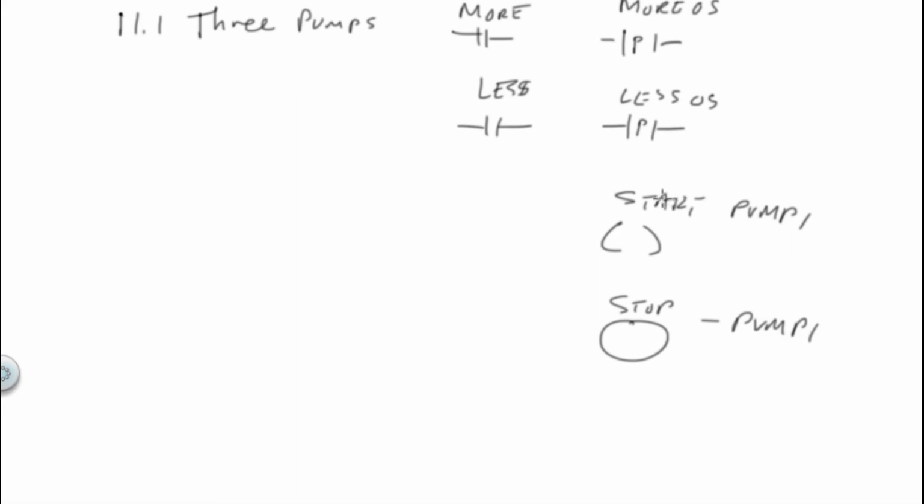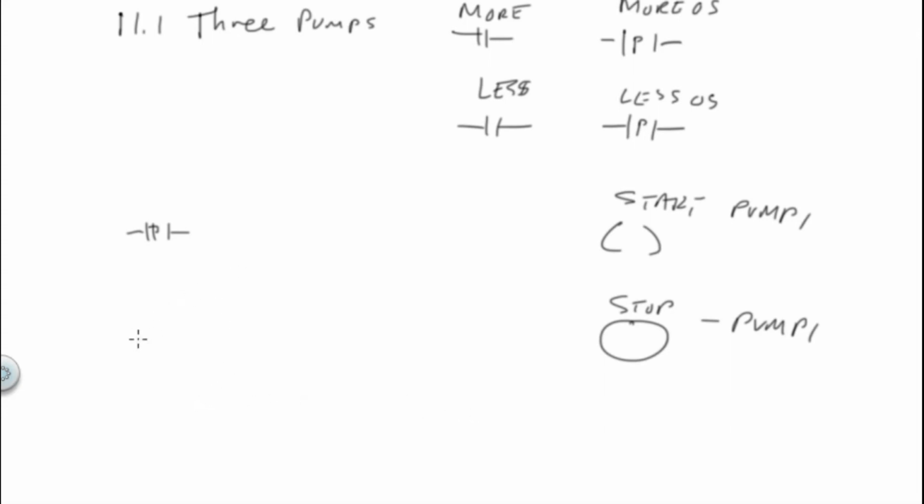Obviously the leading edge of the more, and the rules for if this then that, if this and that. But you need to know more information. You need to know who was on last, and that's other information that you have to develop later on, and I show those coils in my logic.